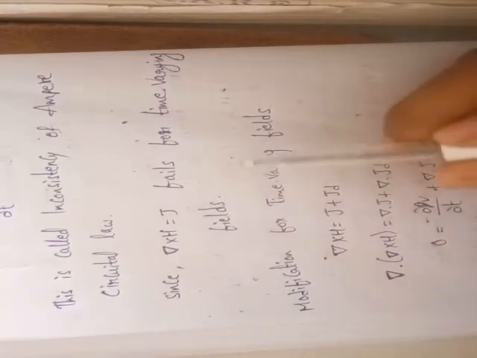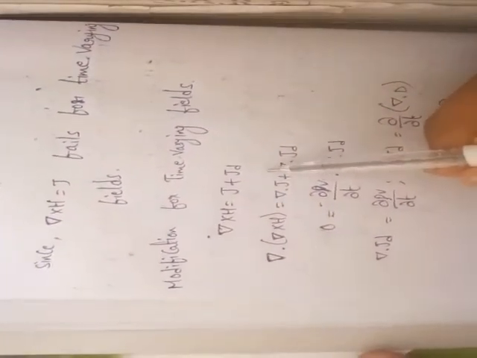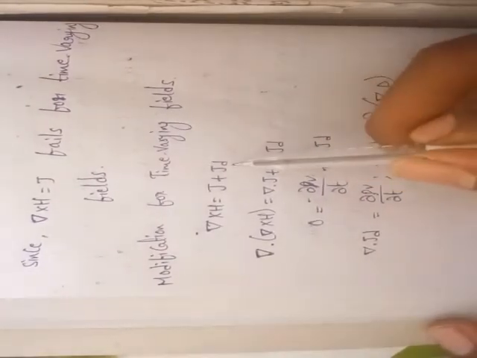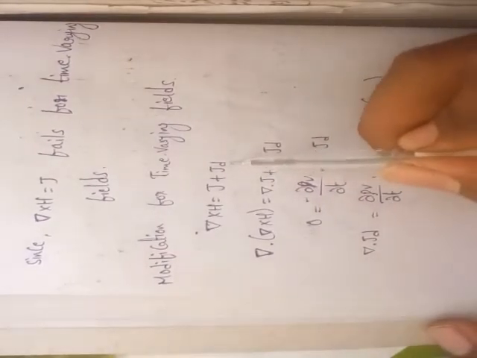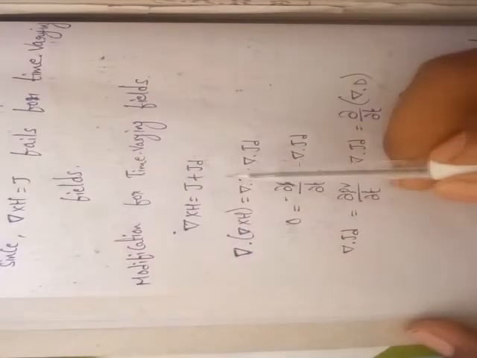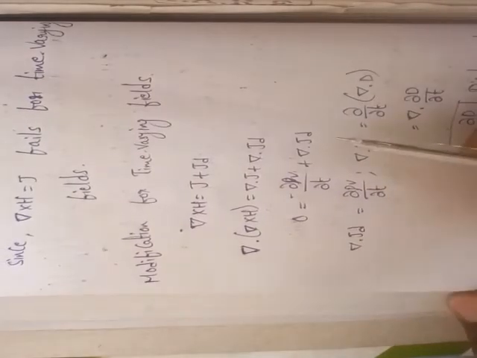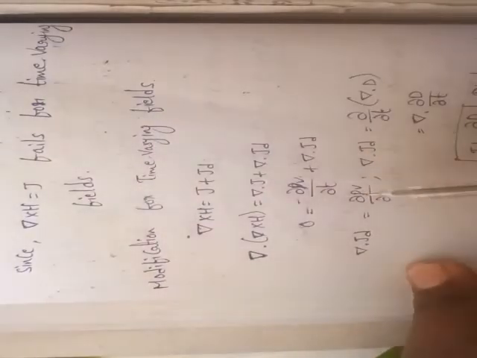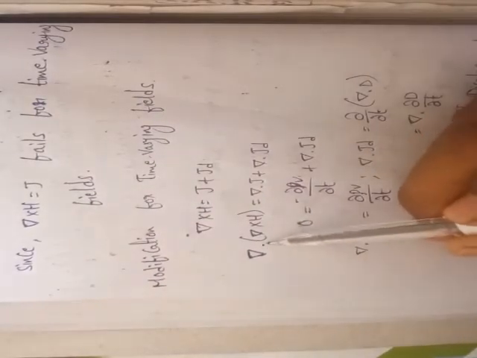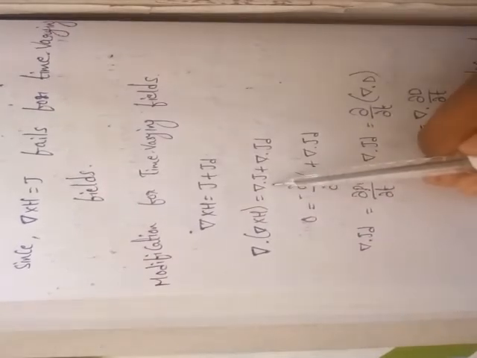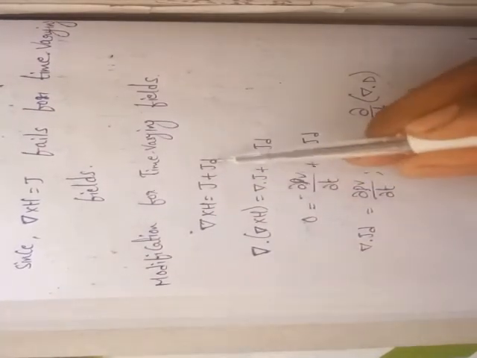So now coming to the modification of the equation for time varying fields: del cross H is equal to J plus JD, by adding a term JD to the previous equation. Again apply the divergence on both sides, then we get del dot del cross H equal to del dot J plus del dot JD.